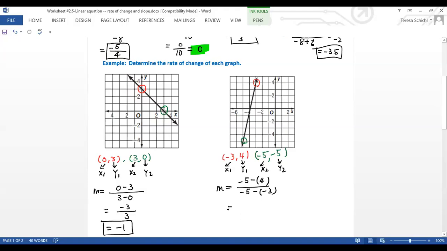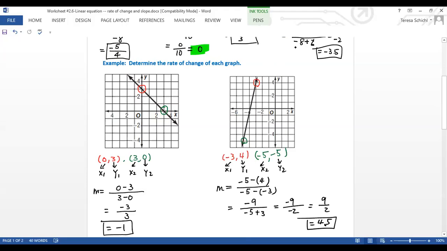Okay, so -5 minus negative, this is minus minus, so this is -5 plus 3. So -5, so this is -9, over -2. The negatives cancel, so it's 9/2, which is 4.5. So the slope is 4.5. It's a positive slope. As you can see, the line is kind of climbing the hill, so it goes upwards here.